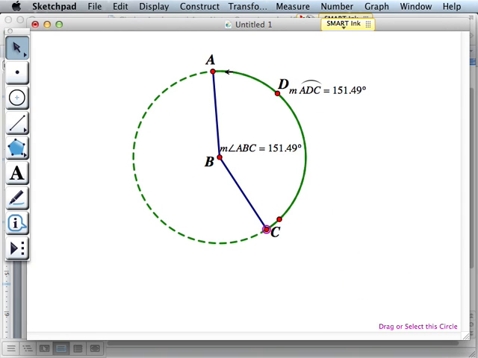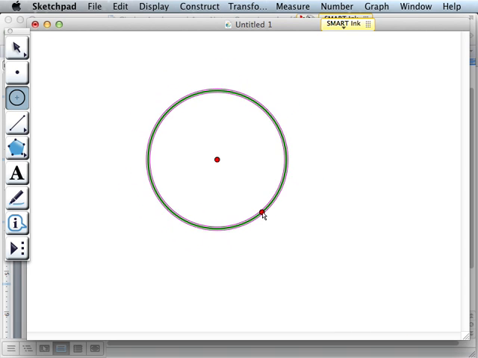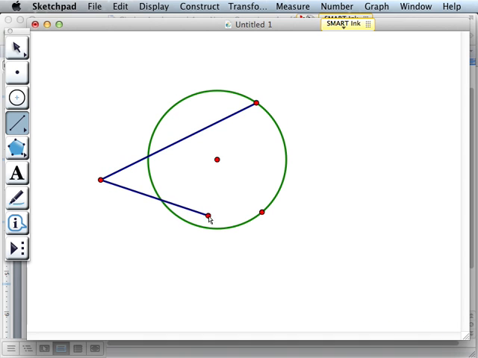out yourself. If I draw a circle, and let's make a point, oops. I'm going to make a point here, and a point here, point here, and a point here.